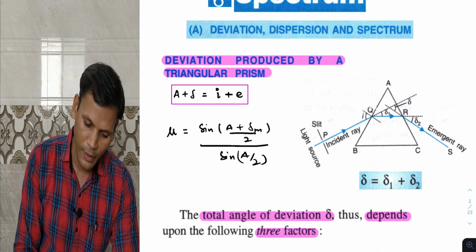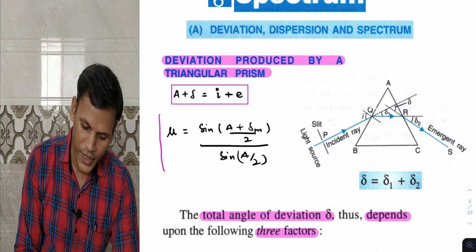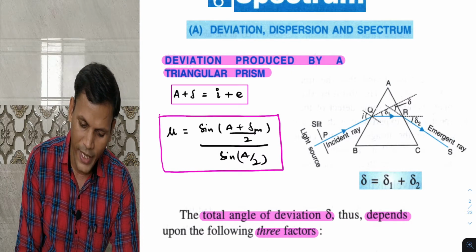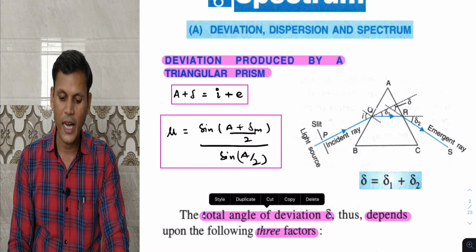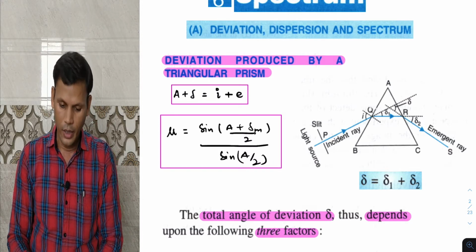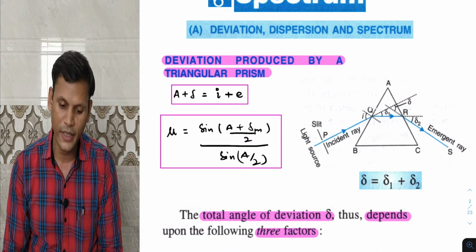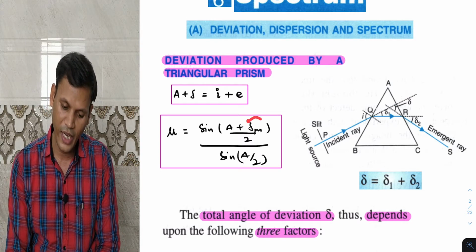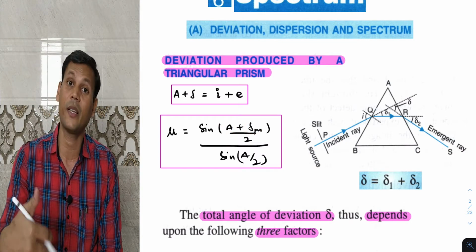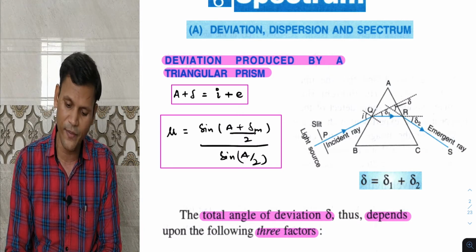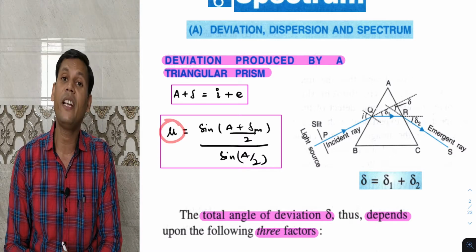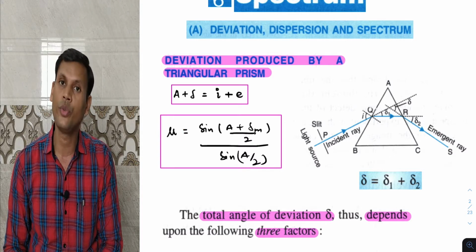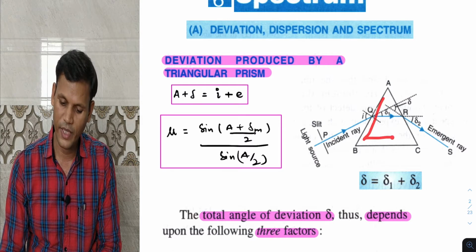This is the prism formula, and by these two formulas we can say what the factors are on which the angle of deviation will depend. The angle of deviation will depend on the angle of the prism, or sometimes the refracting angle of the prism, that is this angle, and the refractive index of the material used for the prism.